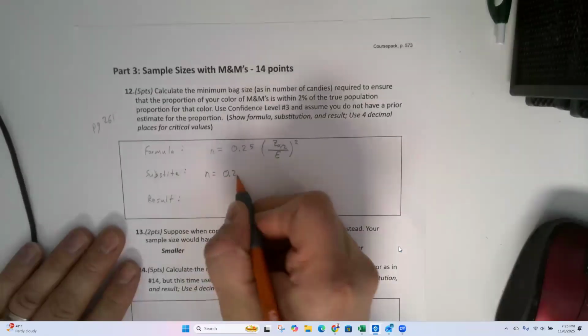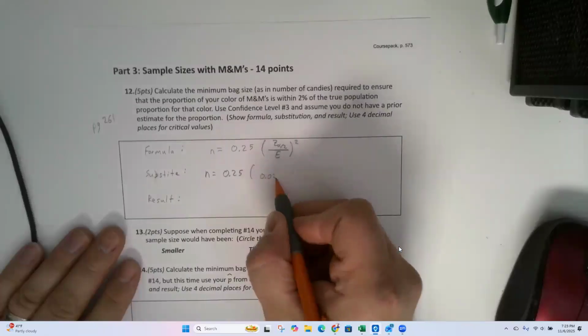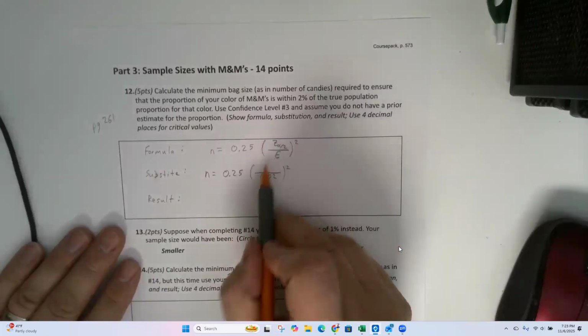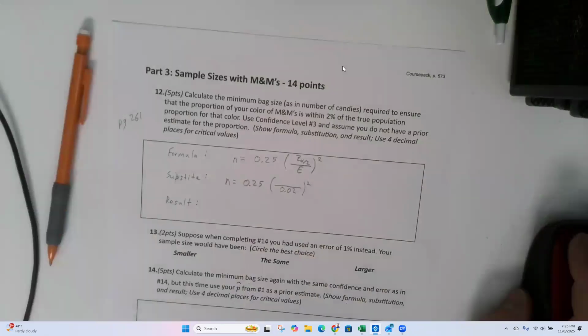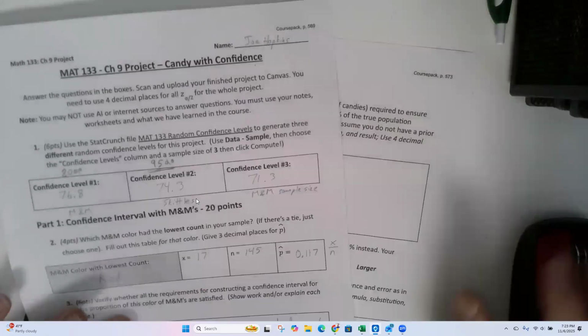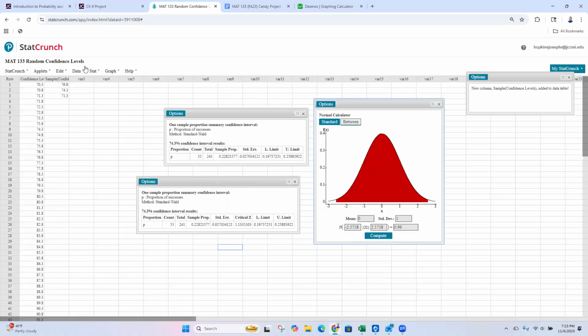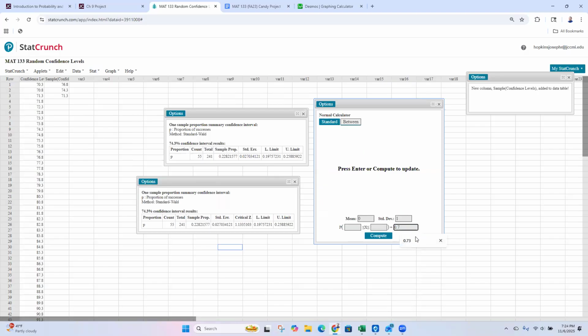So how big of a sample size do I need for a 2% error? I need to get my Z alpha over 2. What's my Z alpha over 2? I want to use this confidence level, 71.3. In stat calculators, normal, I'll put in 71.3.